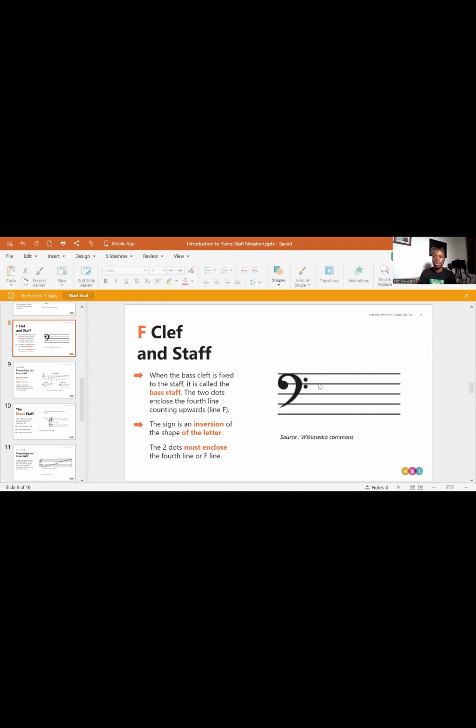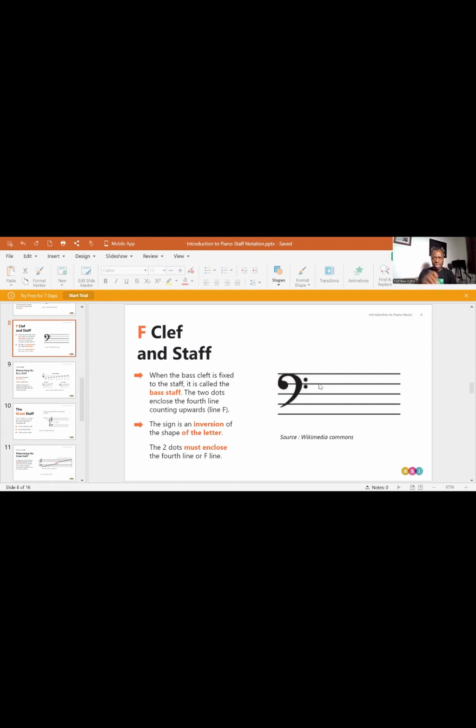You see that line 4 is where the activity takes place. The middle curl takes its root there, drawn clockwise like an inverted F, and we also have the two dots enclosing the fourth line. These are the typical features of the bass staff or the F clef.